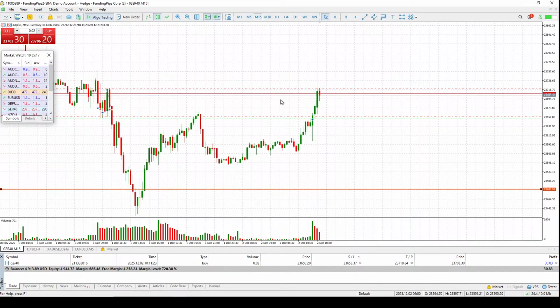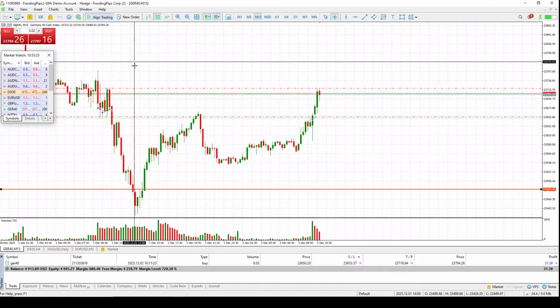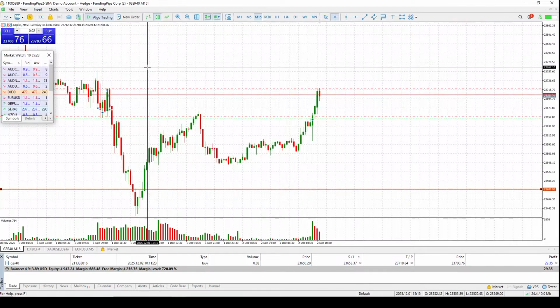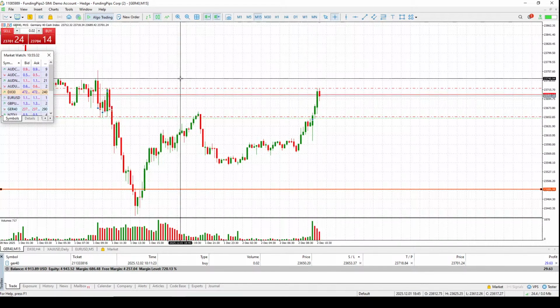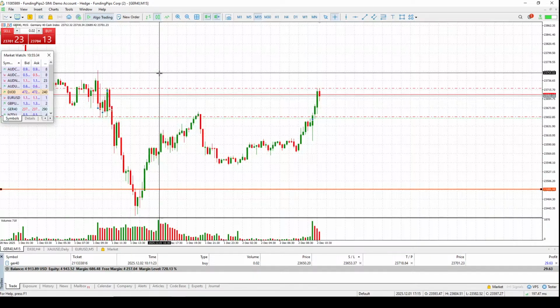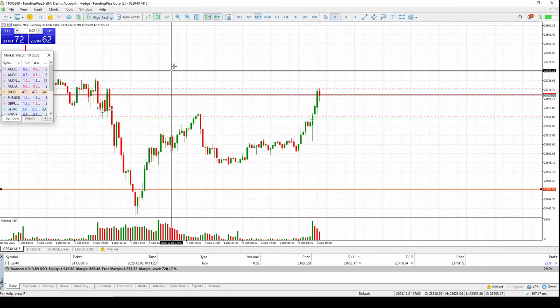But I don't think big sellers will come in at exactly this level because there is very little liquidity here. Most of the liquidity will be above, in this area here. If really big players want to enter, I don't think they are going to enter in here. And the price is almost approaching this area, so it will be like a magnet for the price to reach.